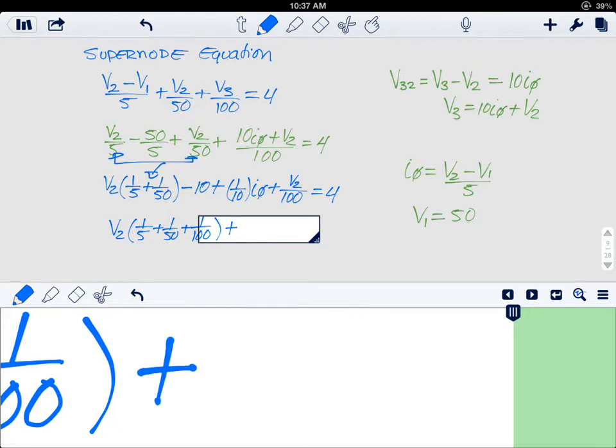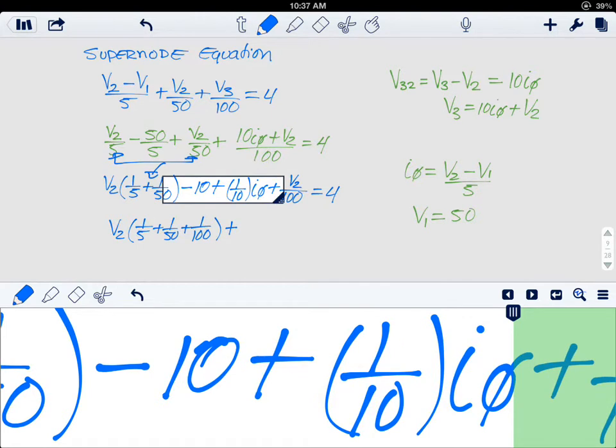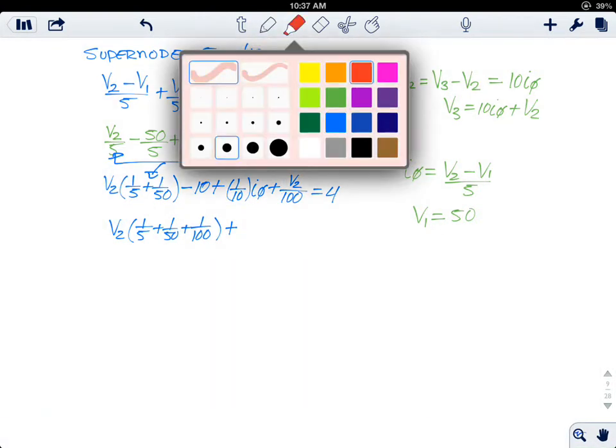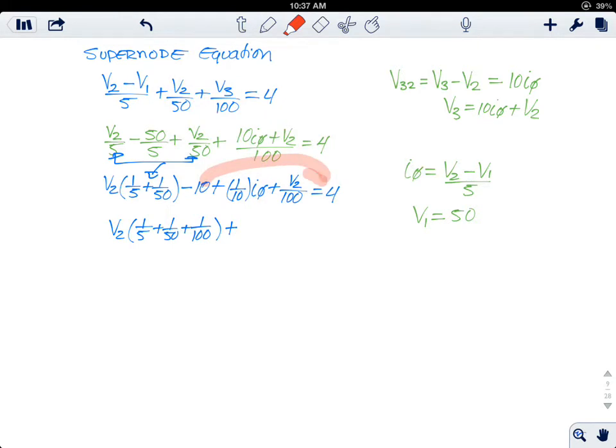plus, we're going to pass this 10 to the other side, summing, and we're going to substitute this here.